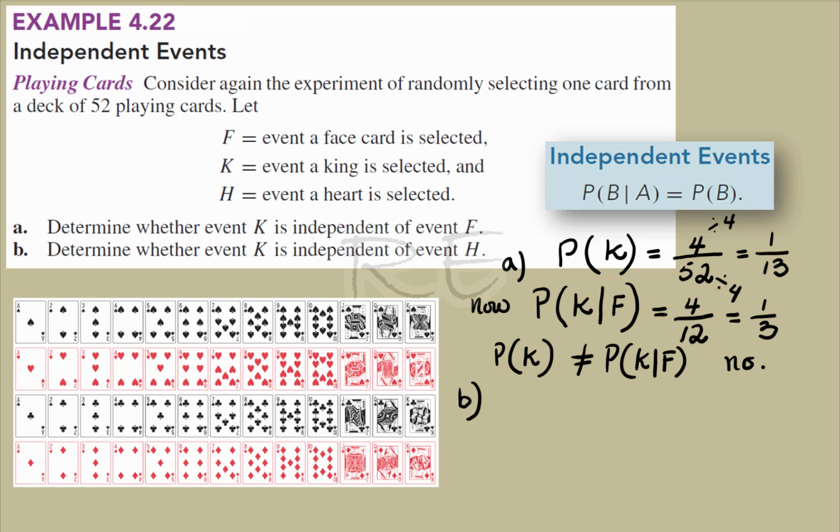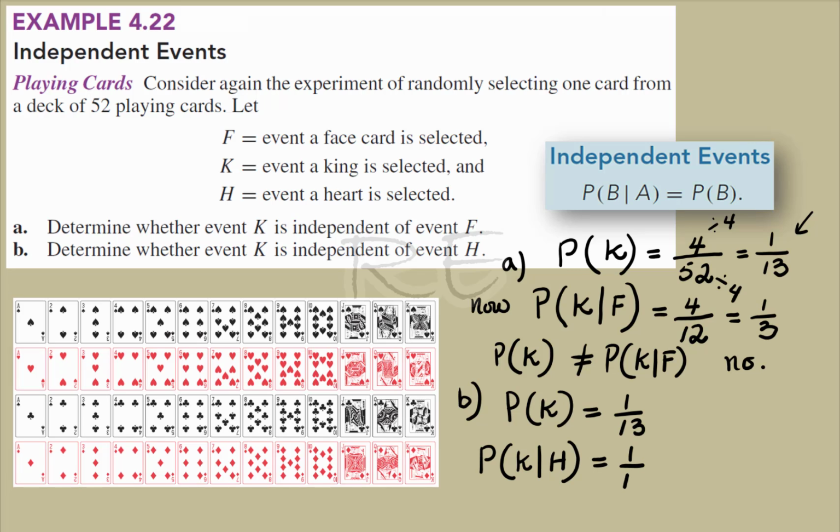We've already calculated the probability of K is 1 over 13. B asks us to determine whether K is independent of H. P of K is 1 over 13. P of K given H, given that the selection is a heart.